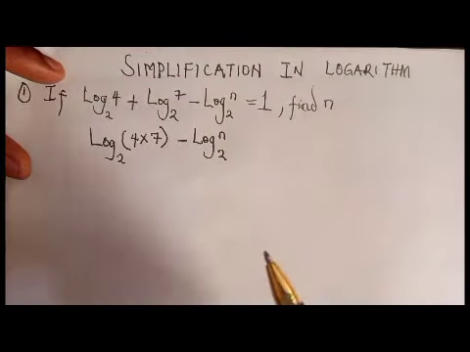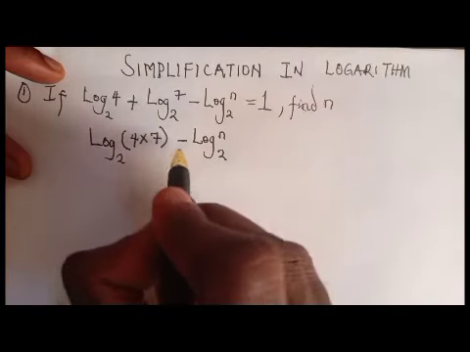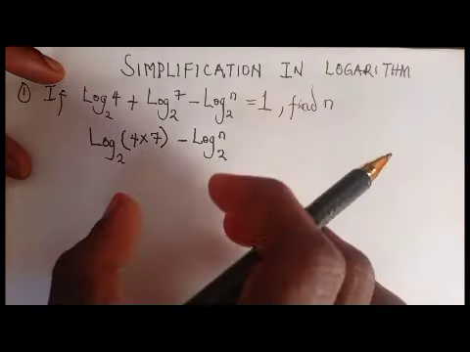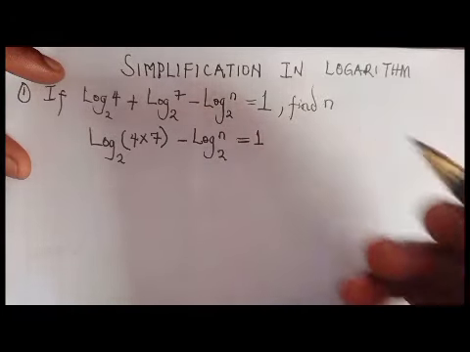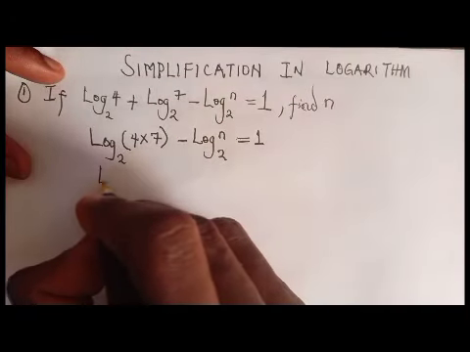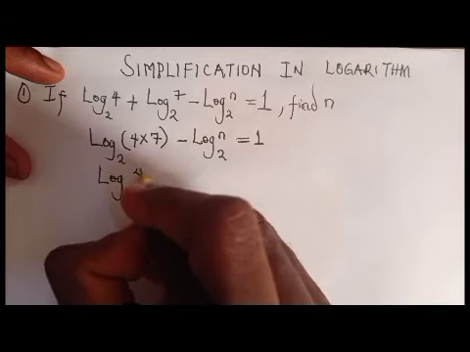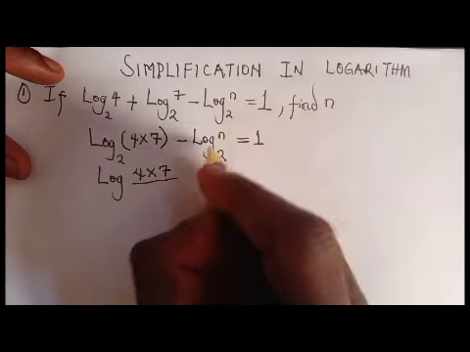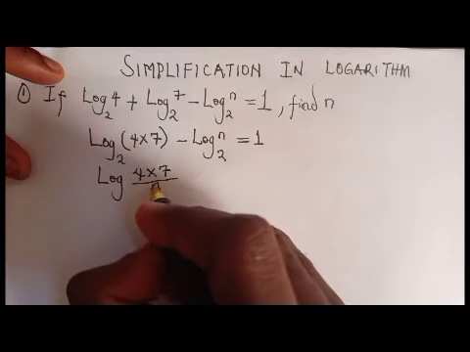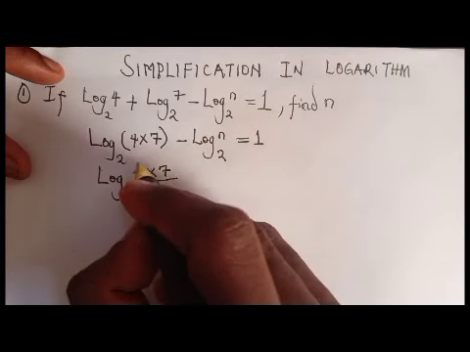Okay, so in this case, we can also do the same thing for the subtraction part. Remember, we can make it become a fraction. So this is now going to be log 4 times 7 divided by n, all in base 2.